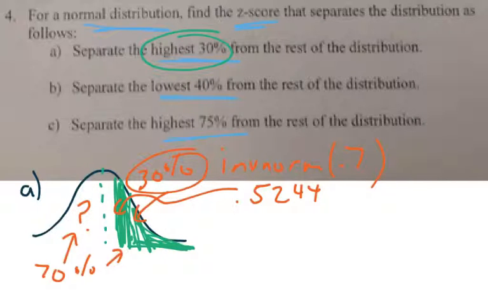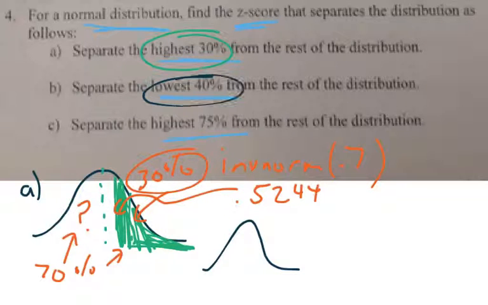Let's pick up the pace a little bit. If I'm going to do B, what's the first thing I'm going to do again? I'm going to do a quick sketch. For B, if I want the lowest 40%, does everybody agree the lowest 40% is going to be somewhere just below the middle 50% mark? This is what I'm looking at. I'm trying to find that value right there, at the 40% level.